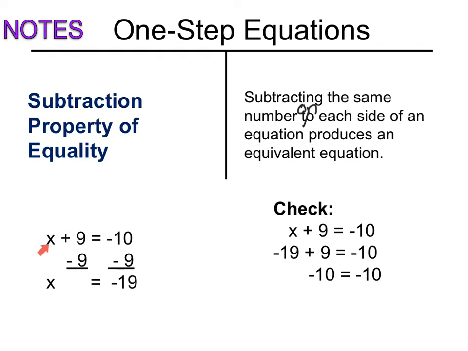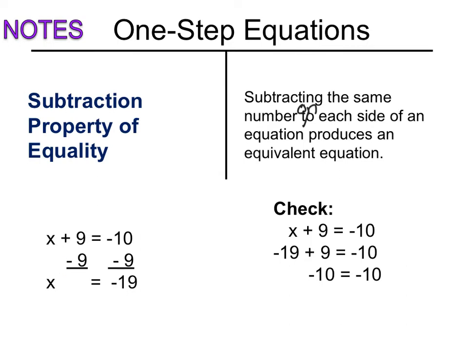I need to isolate the x, and in order to do that, I need to get rid of this, and let's think of it as a positive 9. Now the opposite of a positive 9 is a negative 9. So using the subtraction property of equality, I need to subtract 9 from both sides. That's also going to keep my equation balanced.